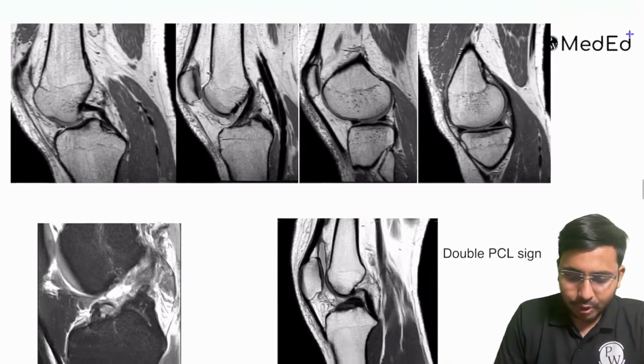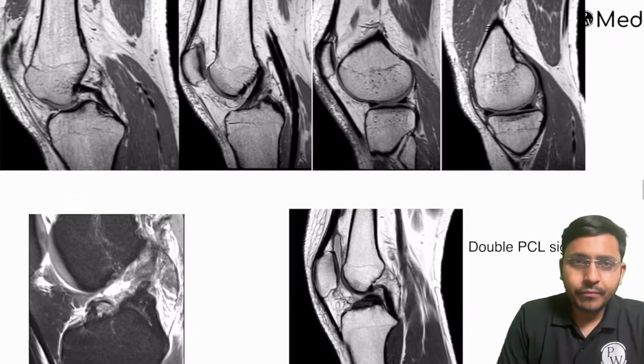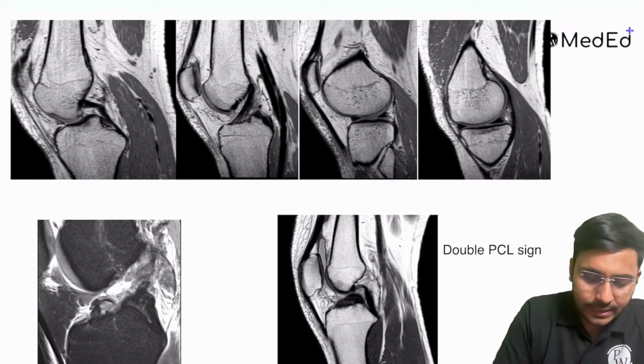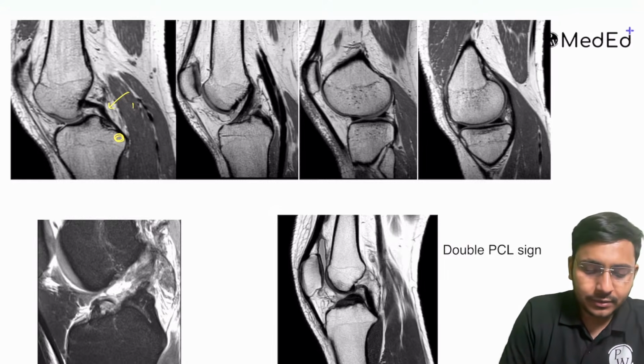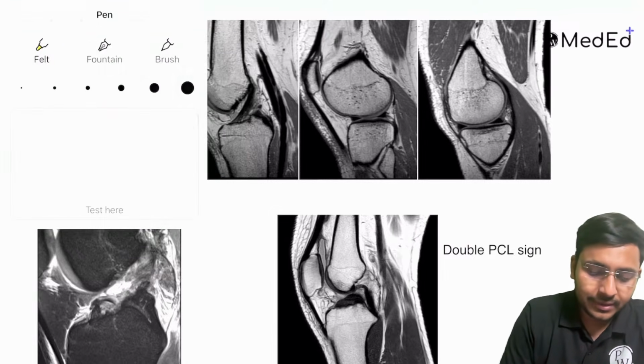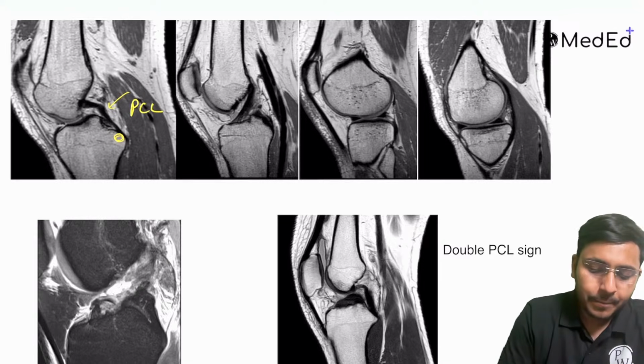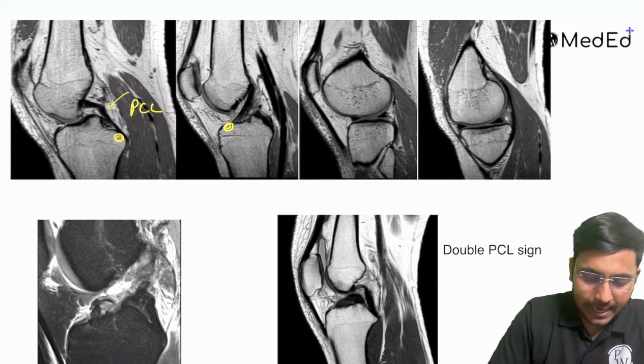Now let's label the important ligaments of the knee. So attaching on the posterior aspect, right? This ligament here is the PCL. This has been asked previously. What is this attaching on the anterior aspect? This is the ACL.